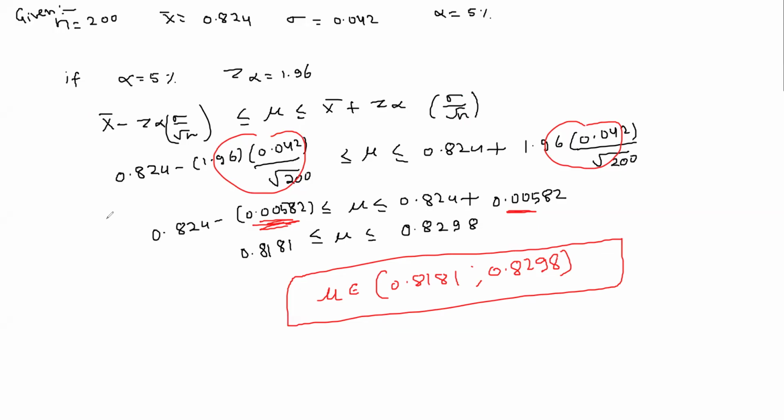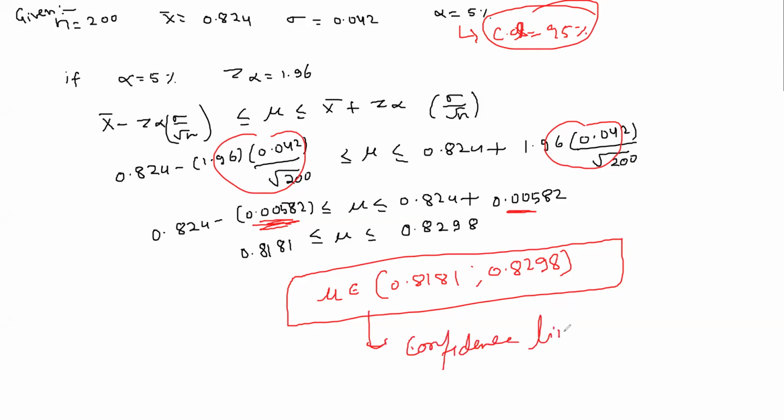This is the confidence interval and this is the confidence level. Confidence level is 95%. Confidence interval is also called confidence limit. Understood?